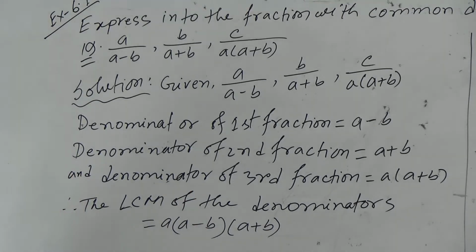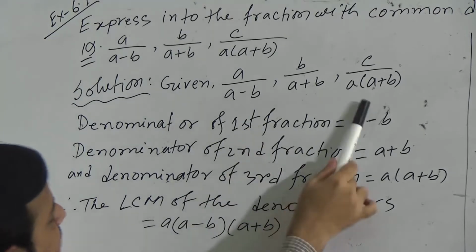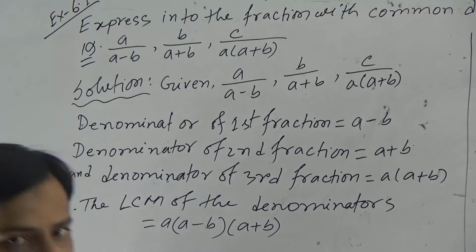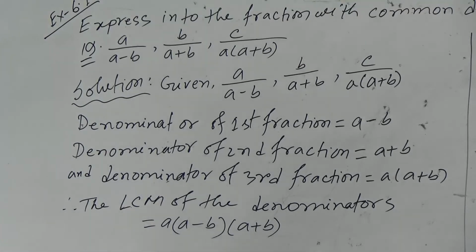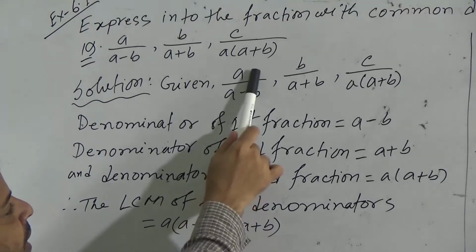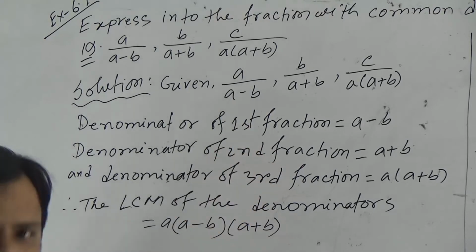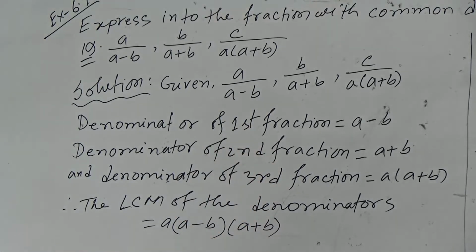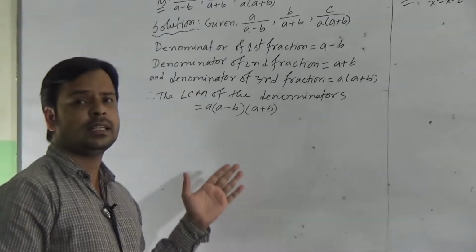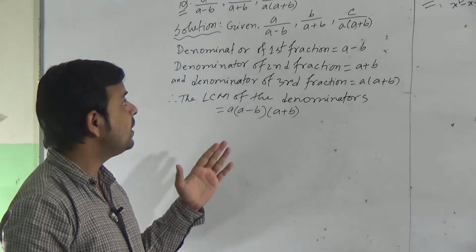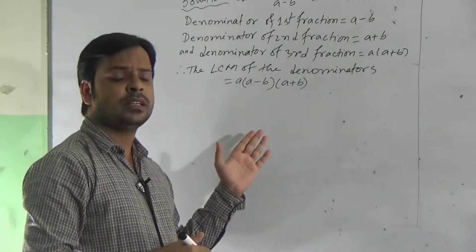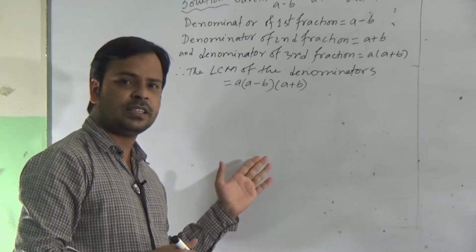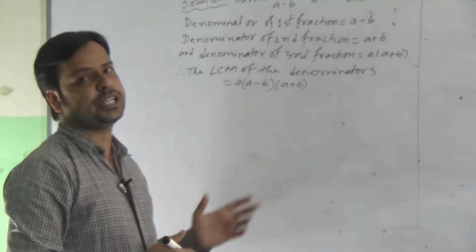Now the second rule is we have to divide the LCM by each denominator, and then we will get a quotient in each case. We have to multiply both the numerator and denominator of the respective fraction by the quotient.